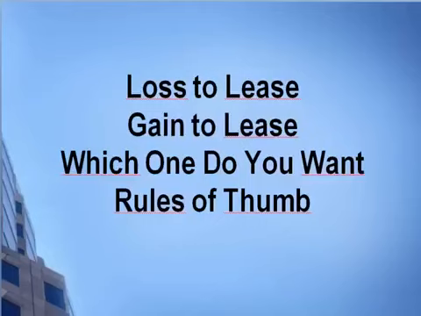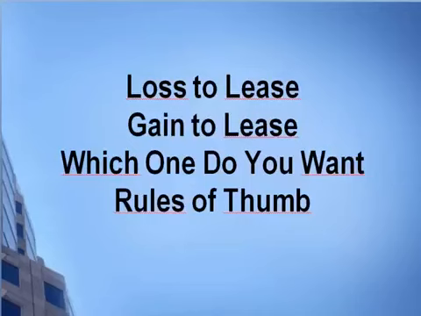Loss to lease, let me explain something to you. If we had determined when calculating out the gross potential rent that the market rent on one of these units was $1,000 a month, and then we went to look at the gross scheduled rents, what we had leased these units out for, and we find out that we had leased them out for $900 a month, that means that there is a $100 per month loss to lease.